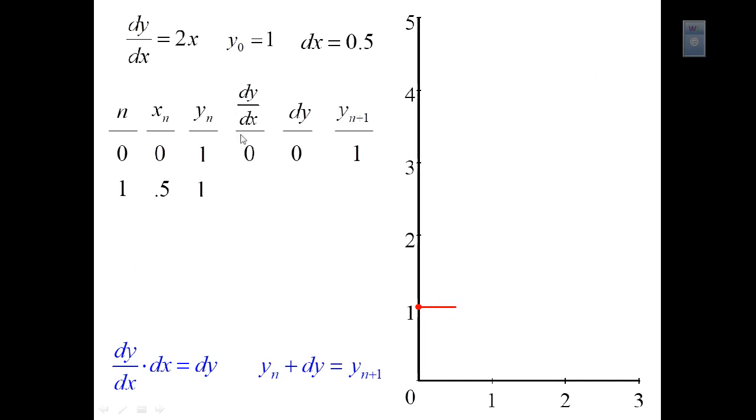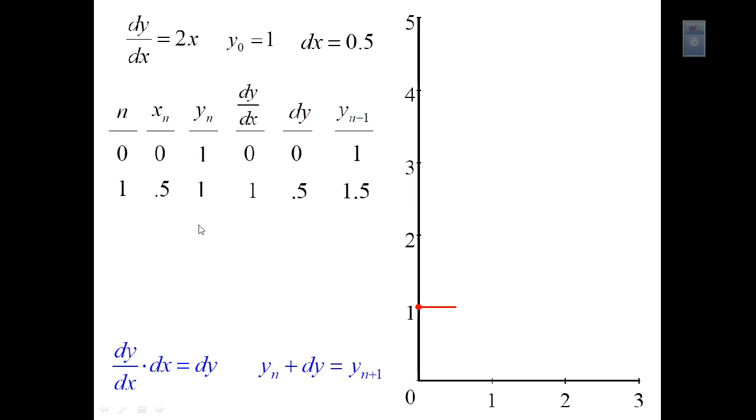All right, now let's go ahead and find dy dx. So we're going to have 2 times 0.5 gives us 1 for dy dx. dy dx times dx gives us dy, 0.5. And then to find the new y, we're going to take the old y plus the dy, which gives us the new y, 1.5.